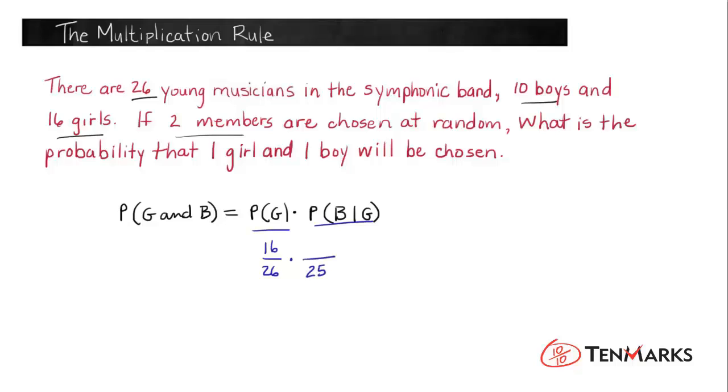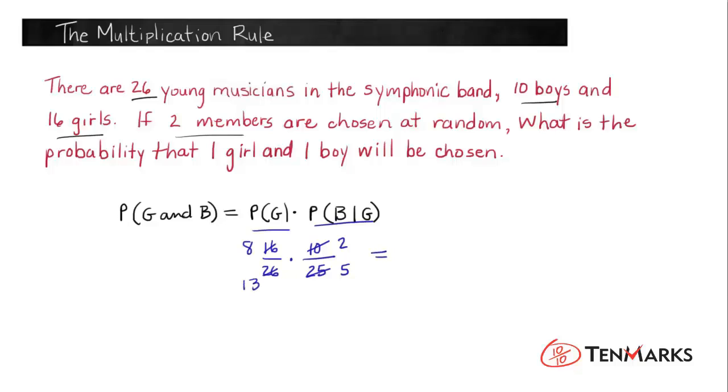And let's count the number of boys. All the boys are still left, and there's 10 of them. We could multiply this as is, but it would certainly be easier if we went ahead and reduced these numbers. Let's do 10 and 25. 5 goes into 10 twice, and 5 goes into 25 5 times. And then 16 and 26 could also be reduced. 2 goes into both of these numbers. 2 goes into 16 8 times, and it goes into 26 13 times.